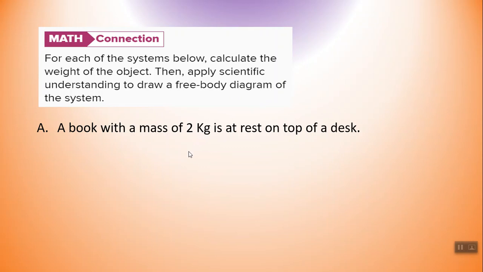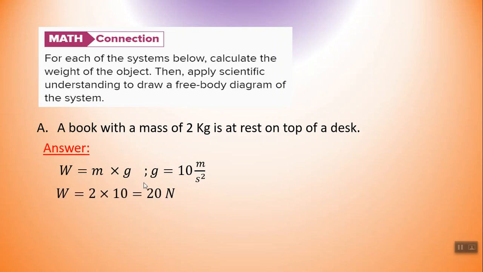The weight for this book, to calculate the weight, we can use the weight equation, where the weight is equal to mass times g, where g is the acceleration of gravity or gravitational acceleration, and is approximately 10 meters per second squared.